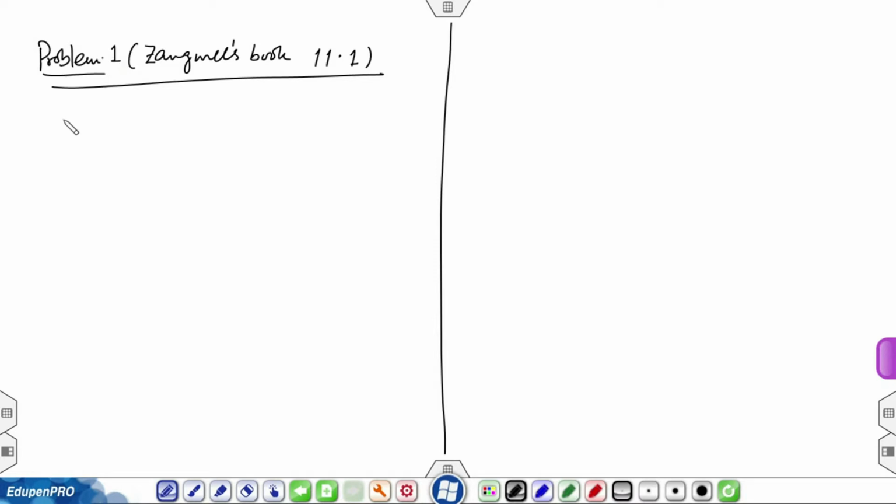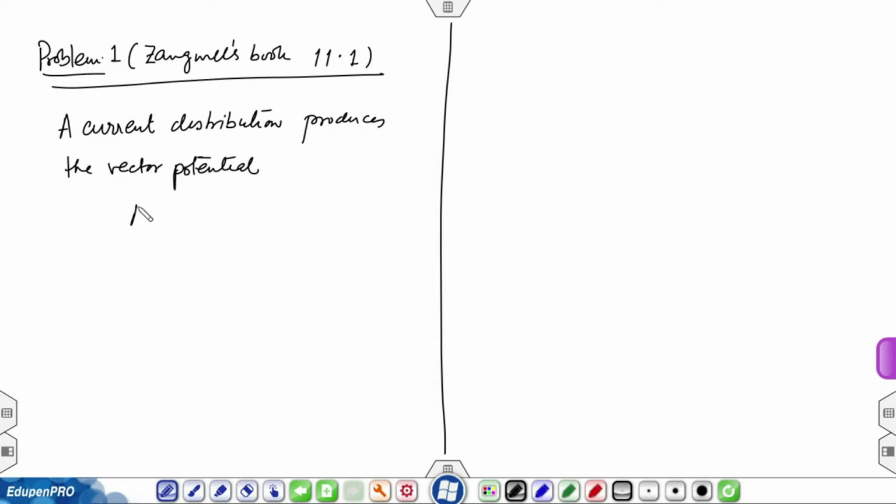And it says that a current distribution produces the vector potential A(r, theta, phi), and I need not say when I am using r theta phi, I am using spherical polar coordinates, equal to phi unit vector mu naught over 4 pi A naught sin theta over r e raised to minus lambda r.